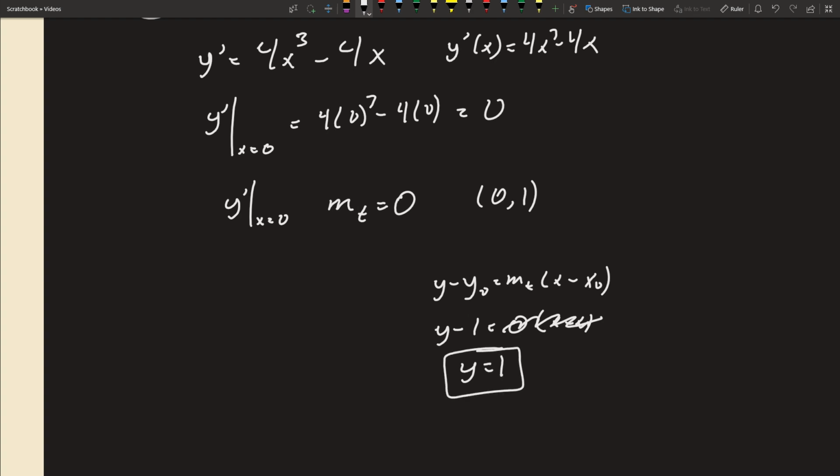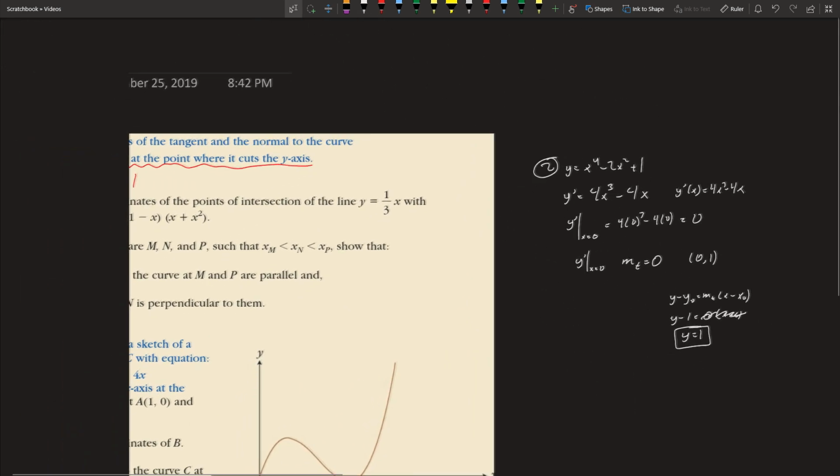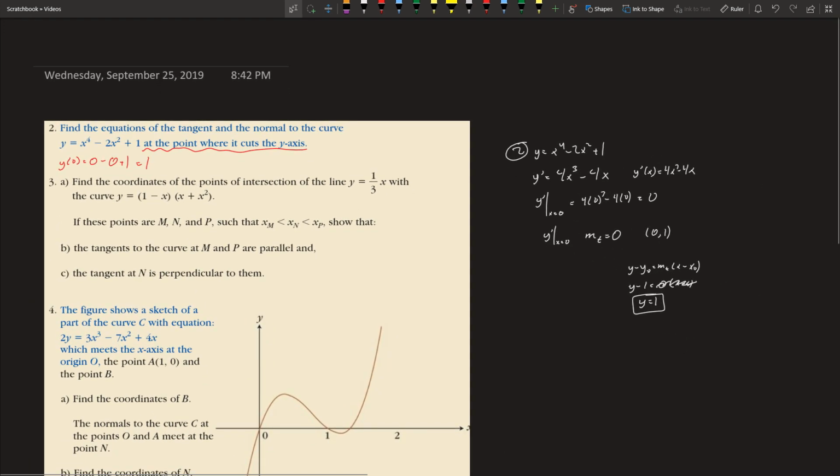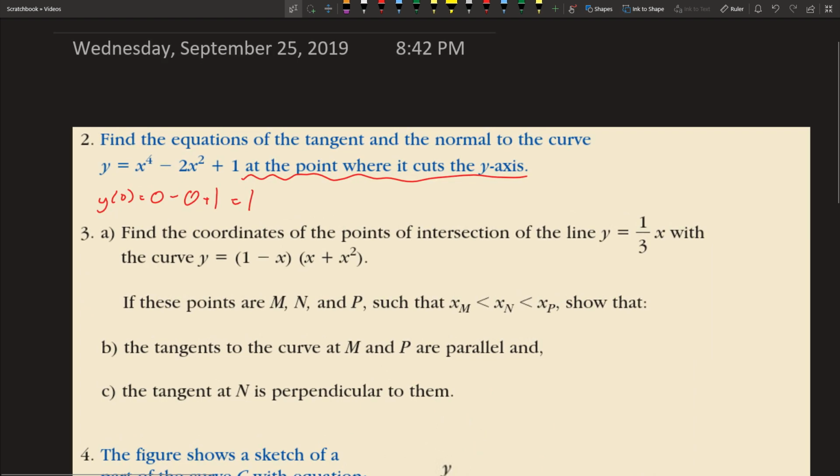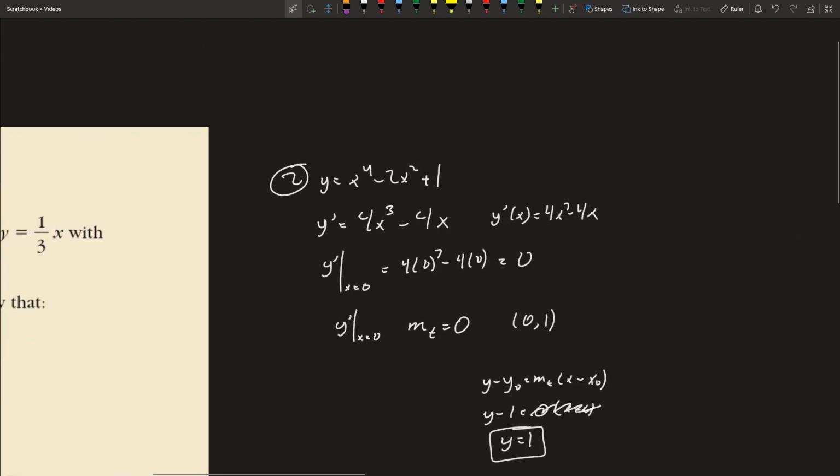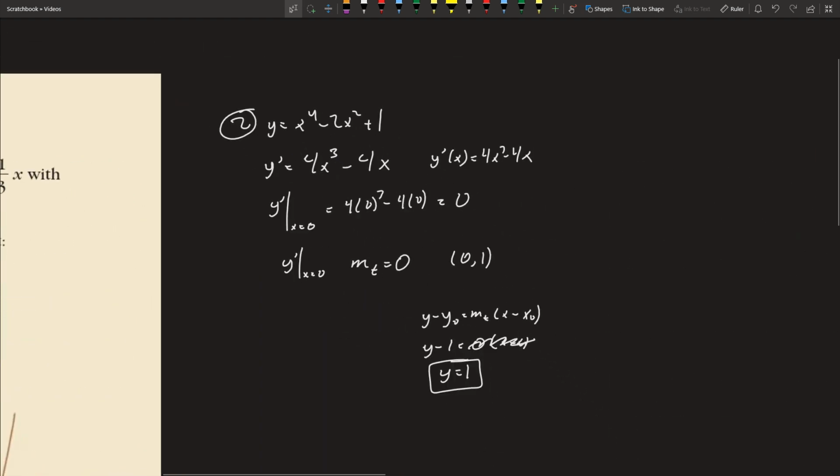Now what does it mean y is equal to 1? It's a horizontal line. Because this question is kind of long, we only did half of it. I'm going to do the same thing with the normal, and then I'm going to graph this using an online calculator and show you what everything means. So here is the tangent.